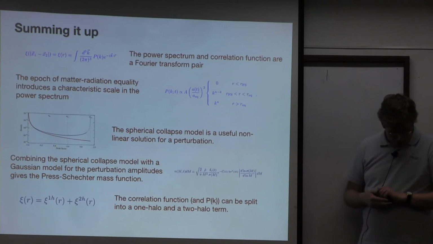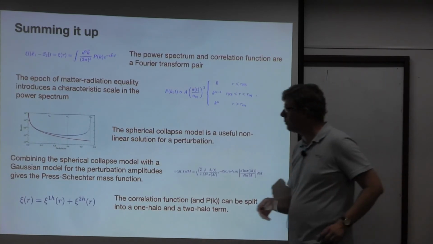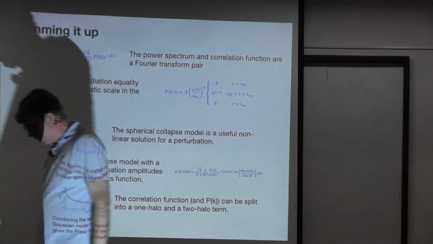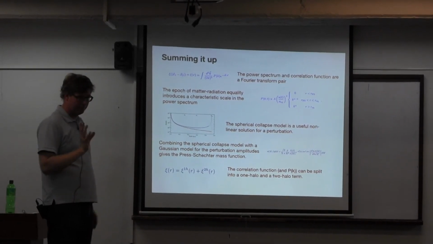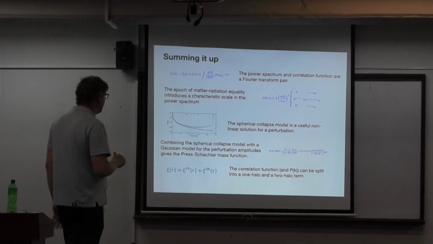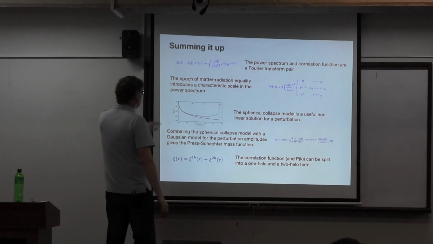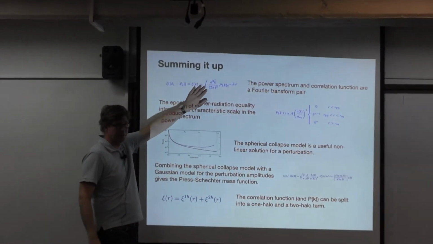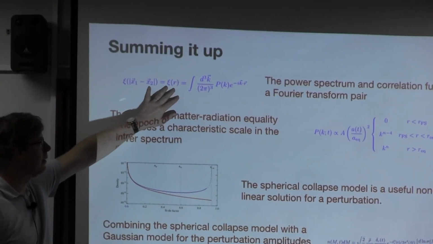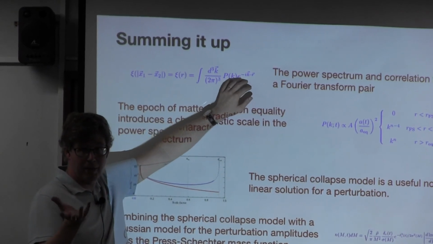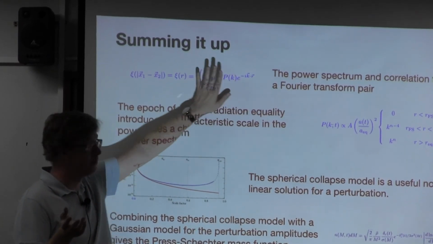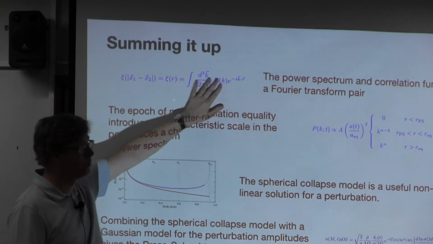Okay. So I think now is a good time to round off. And these are probably the bits I really would like you to recall from today. One is that the correlation function, which we talked about in the beginning, and the power spectrum are related by a Fourier transform. That's quite important.